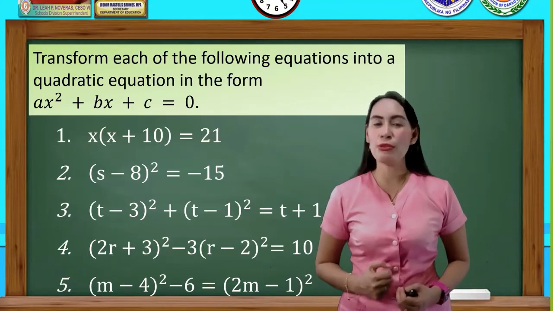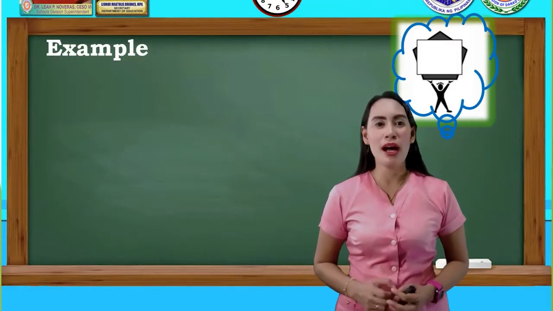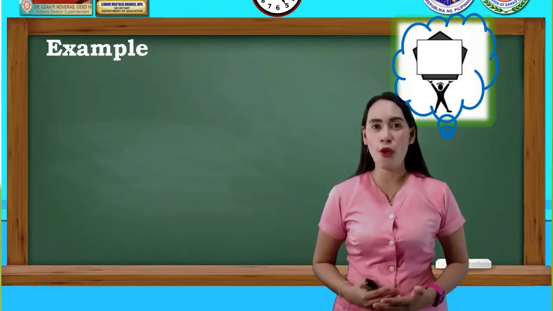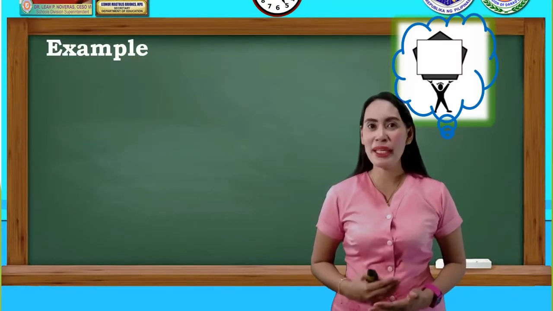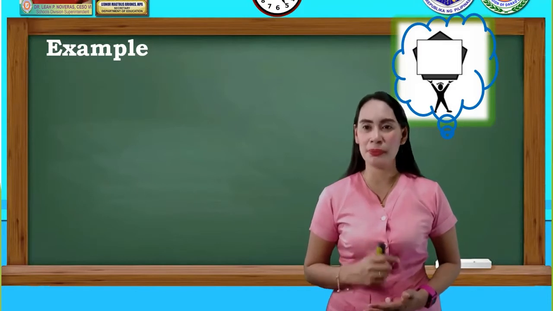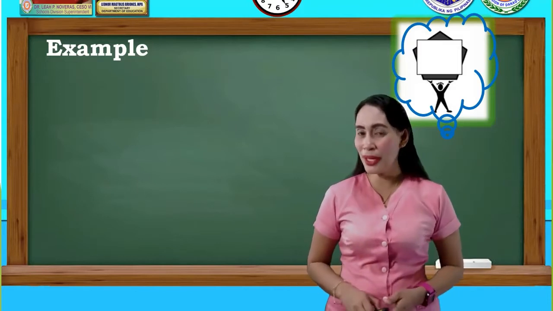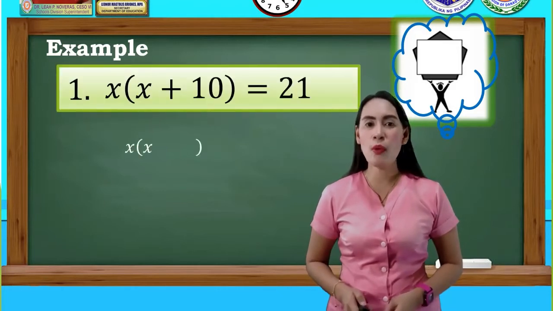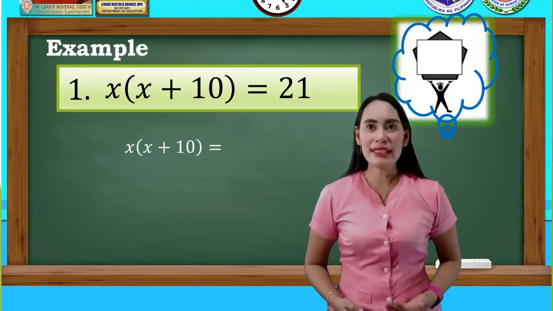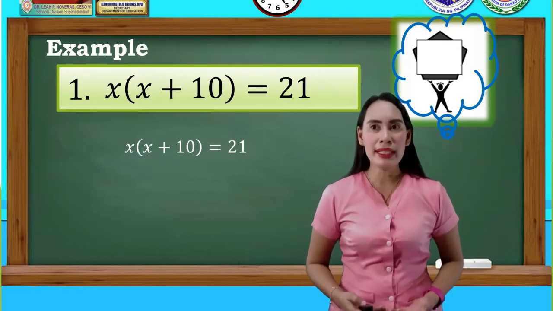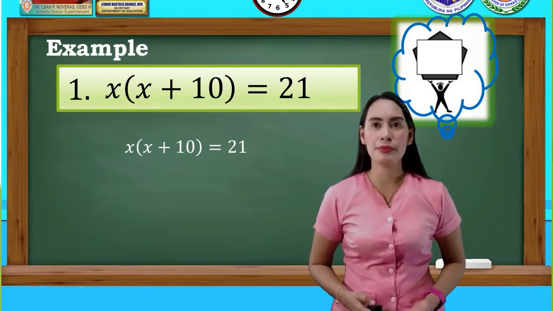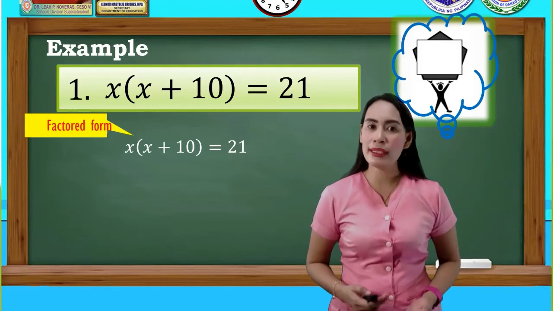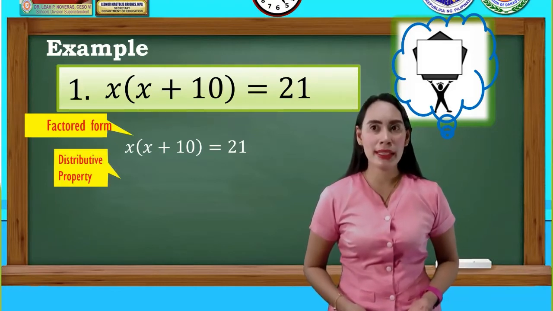Transform each of the following equations into a quadratic equation in the form ax squared plus bx plus c equals 0. Example number 1: x times the quantity of x plus 10 equals 21. Since the left side of the equation is written in factored form, we use the distributive property.